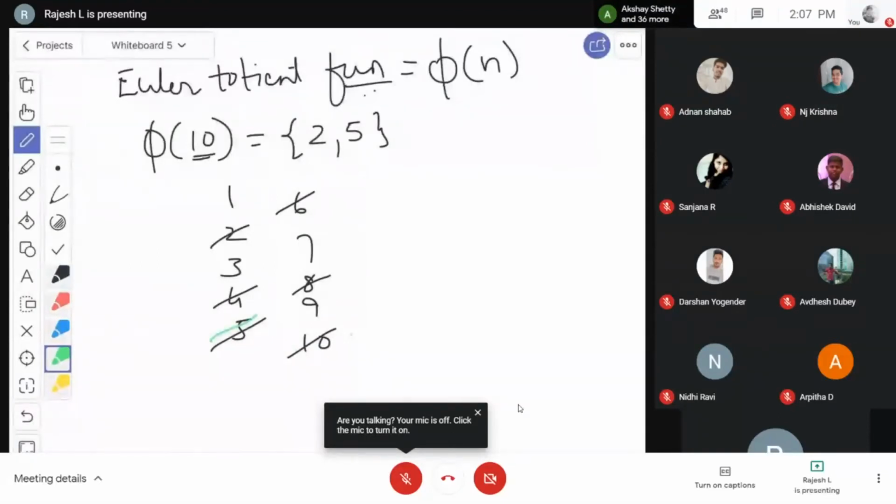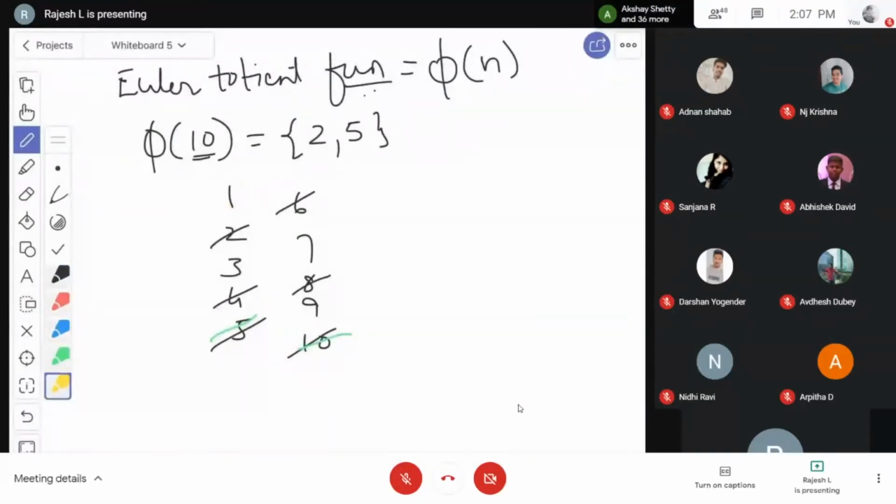We are left with the count 1, 3, 7, 9. How many numbers are left? Together we have 4.